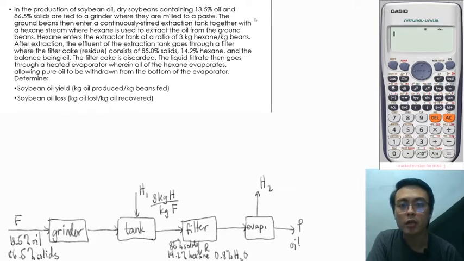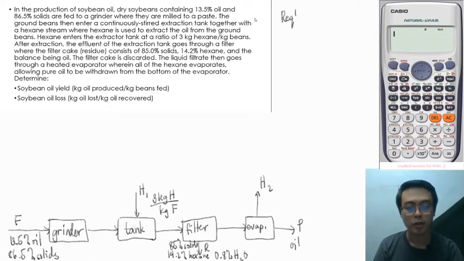Okay, let's browse again the problem to see if our system is complete. So we have the grinder, the mixing tank, the filter, and then the evaporator. Okay, and then the problem is asking us to solve for, first, soybean oil yield, which is the amount of oil obtained over the total amount of oil present.